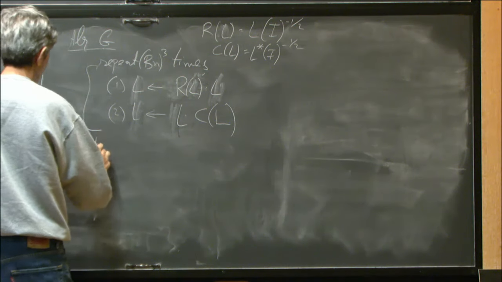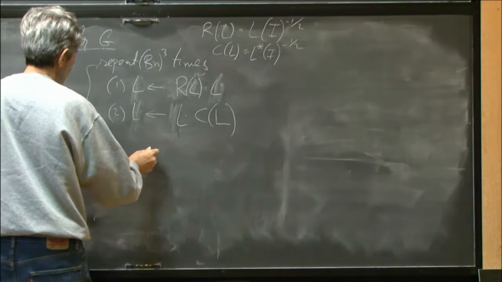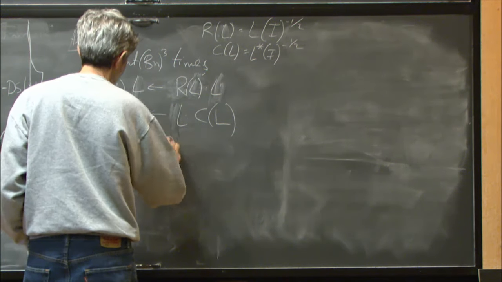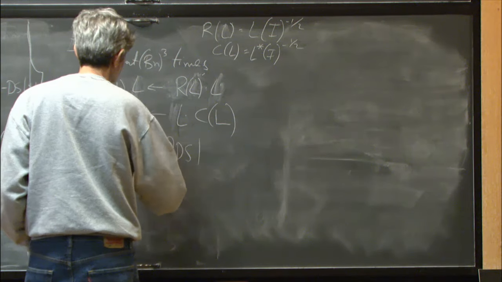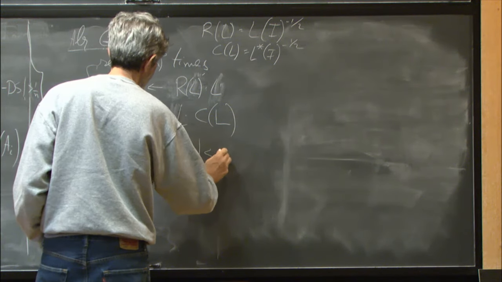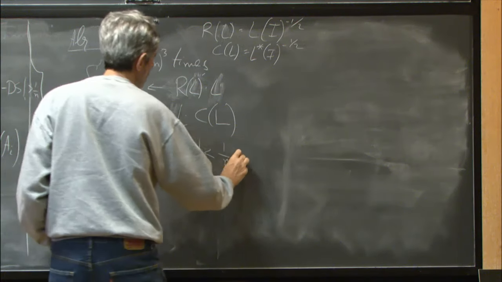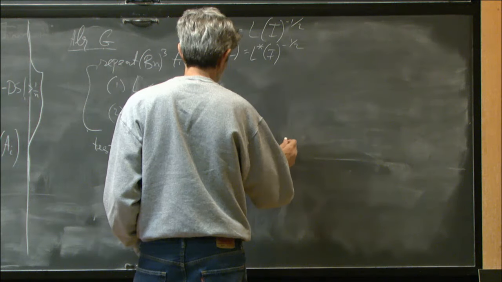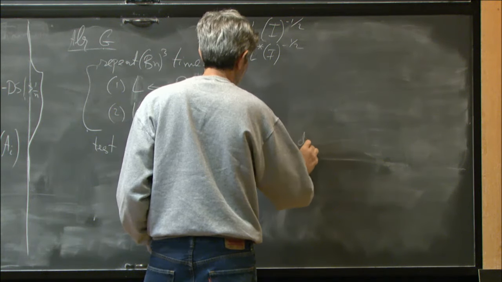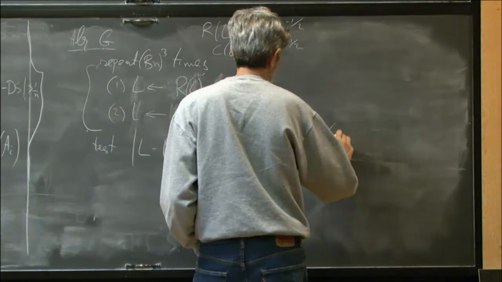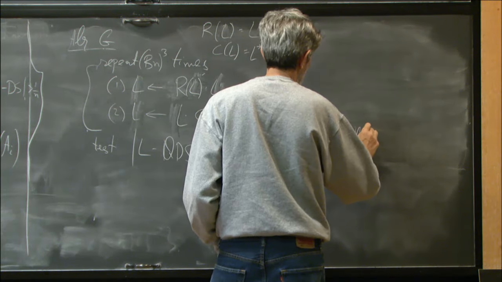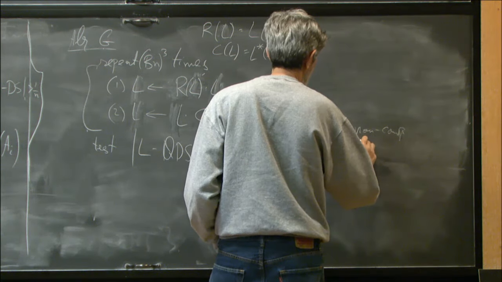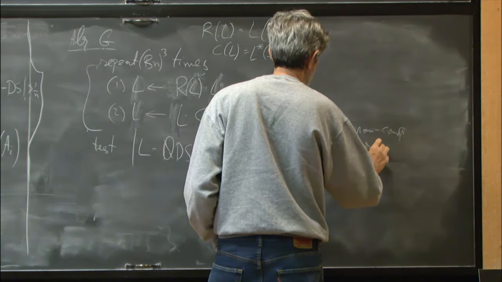And then you test as before. Test the distance of L from the quantum doubly stochastic matrices, whatever it means. Check whether it's 1 over n. In this case, you say that it's not rank decreasing, so L is non-rank decreasing, which is the same as L being non-commutatively non-singular.